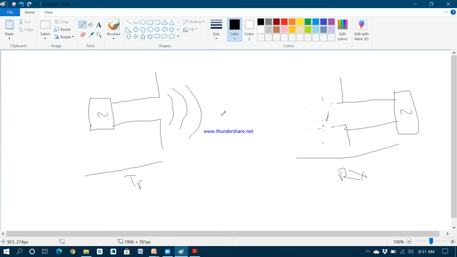So field strength and some other parameters we may encounter one by one. This is the main thing when we want to study antenna. All of you please remember this whole picture in your mind whenever we study antenna concepts.